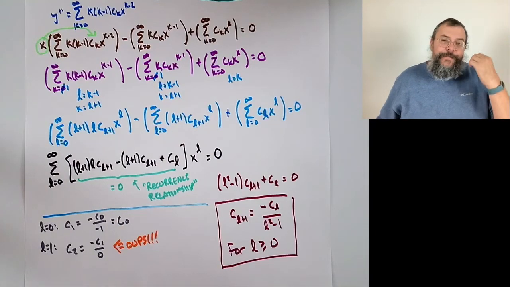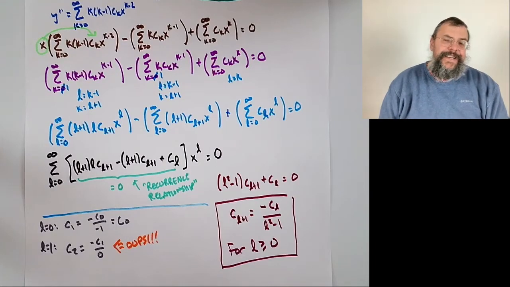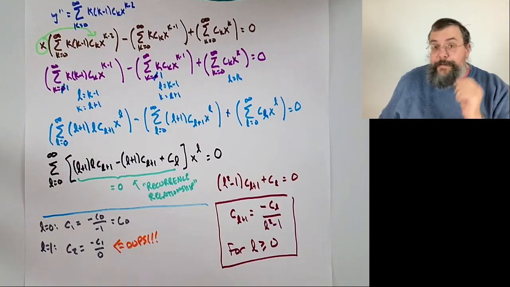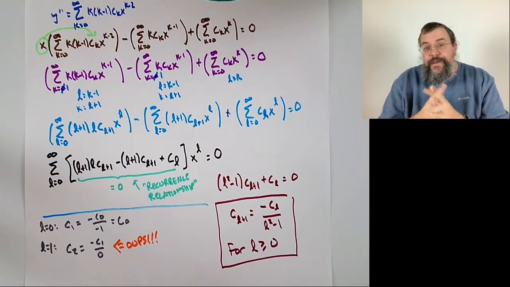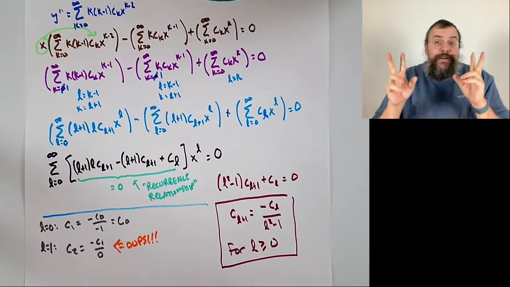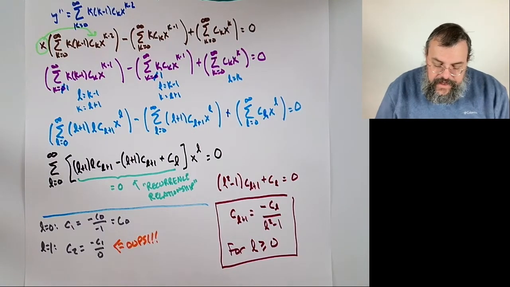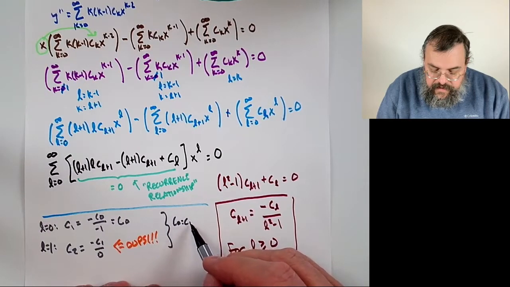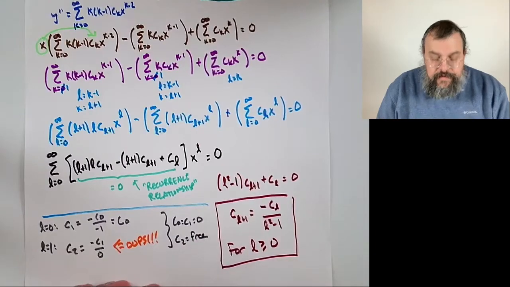Now, for the purist in the room, you might say, well, we could do the following. Okay, I'm listening. We could say C1 equals 0. Okay. And then C2 is a free choice. All right. So at this stage, the only way this could work is if both C0 and C1 were 0, and if C2 were a free choice.